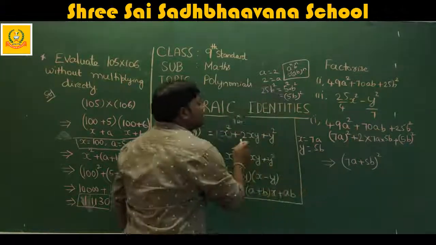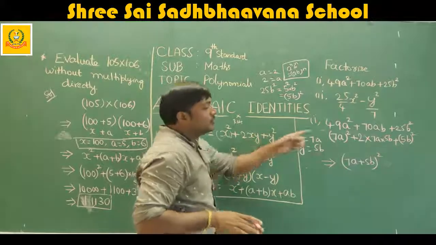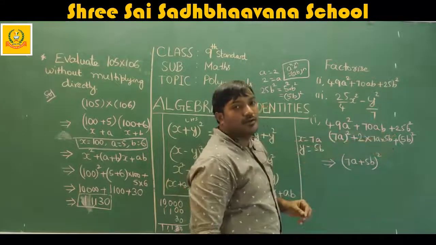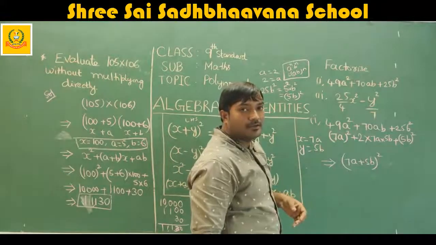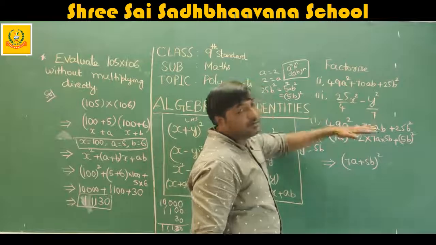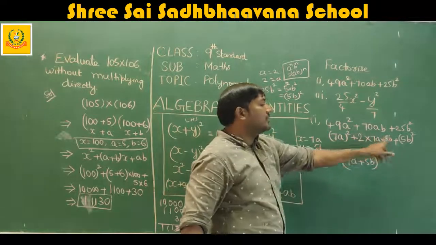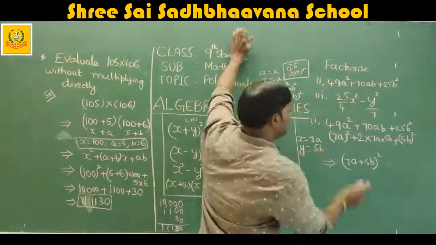You can write it as 2xy, you just substitute. 2 is 2 as it is, x we have taken 7a, y we have taken 5b. Just write it, so obviously it will be equal to 70ab. Okay, it is equal. Understood. You can just cross check it: 5 times 7 is 35, 35 times 2 is 70. It will come equal. Don't worry about it.